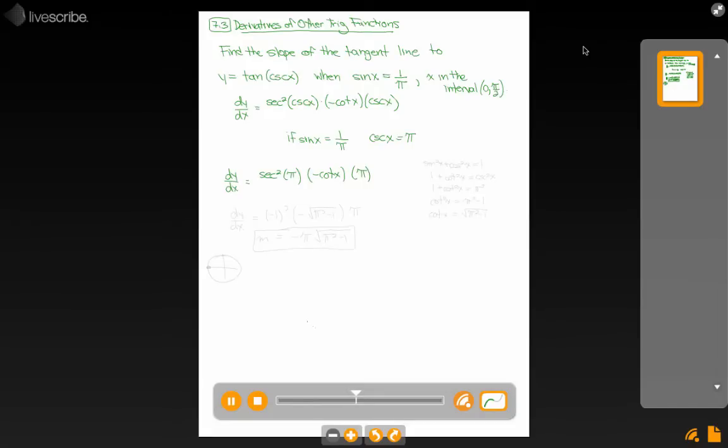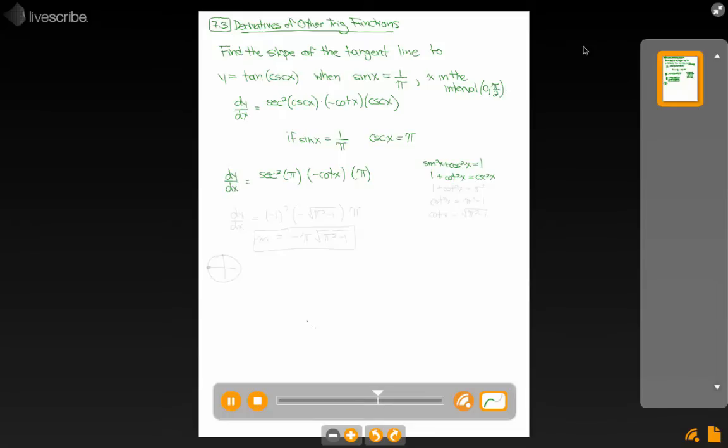A little identity will help me with this as well. You probably recall that sine squared plus cos squared equals 1. They called that the Pythagorean identity. It's also true that 1 plus cotangent squared equals cosecant squared, and that's another one of the Pythagorean identities.